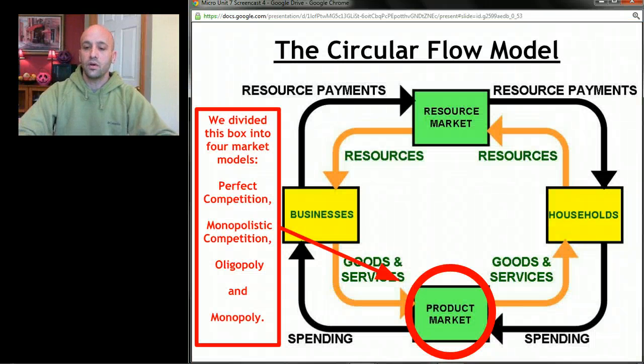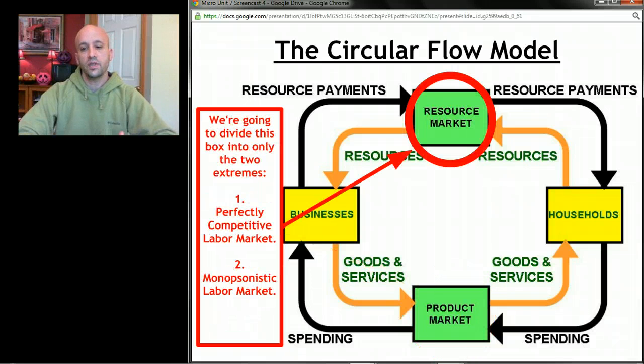All right, I'm going to take you back to our little circular flow diagram. We lived in this bottom box, the product market box, for a number of weeks. We divided that box into four different market models: perfect competition, monopoly, etc. Then we jumped up to this resource market box, and we're going to do kind of the same thing here, but not divide it up as distinctly.